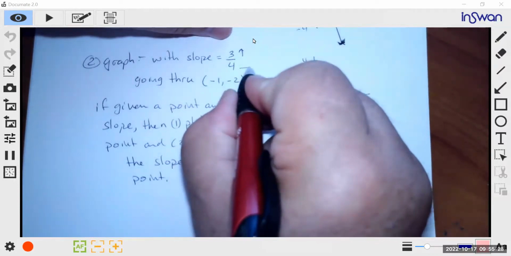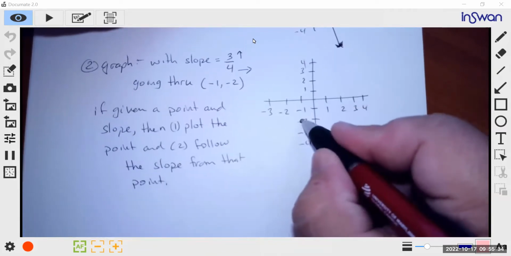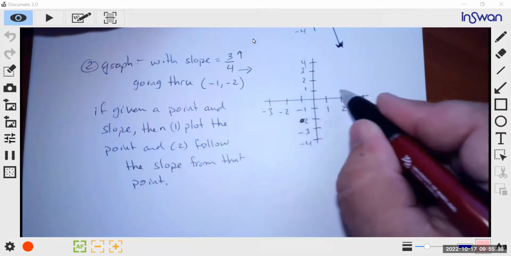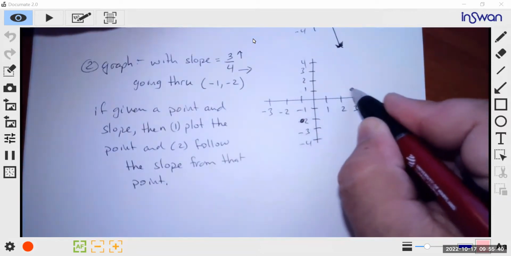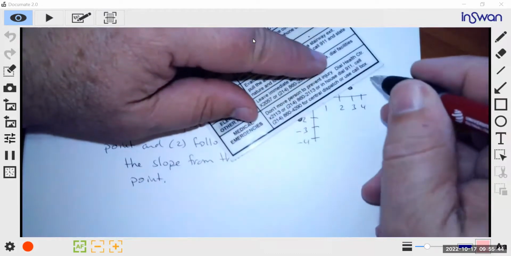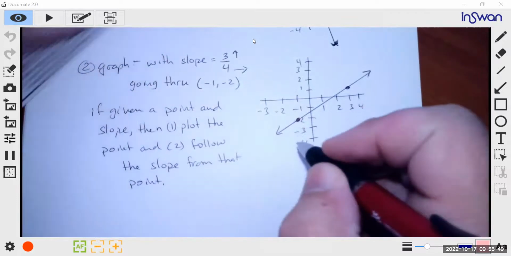The bottom number always goes to the right. It's always supposed to be positive. So from this point, I go up 3: 1, 2, 3, and over 4: 1, 2, 3, 4. There's my second dot. Connect the dots, and I'm done. There's a line.